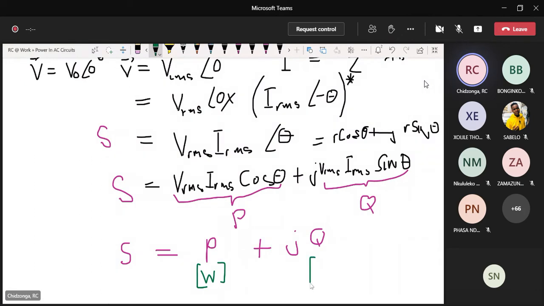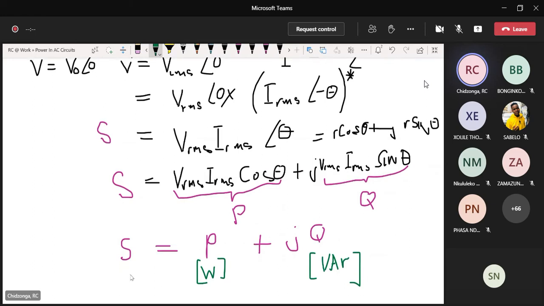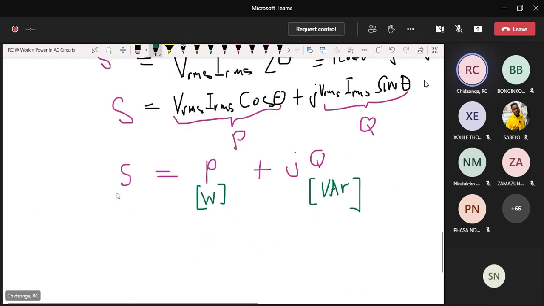Q is an imaginary component which we measure in units of volt ampere reactive. And the left-hand side is a power quantity which we measure in units of volt ampere, just like that.